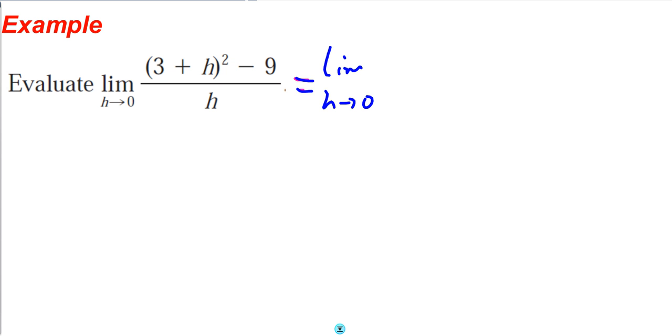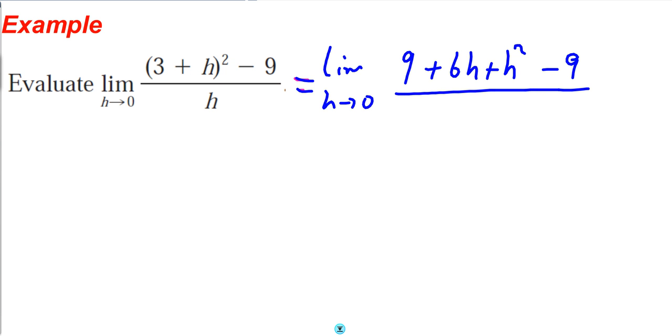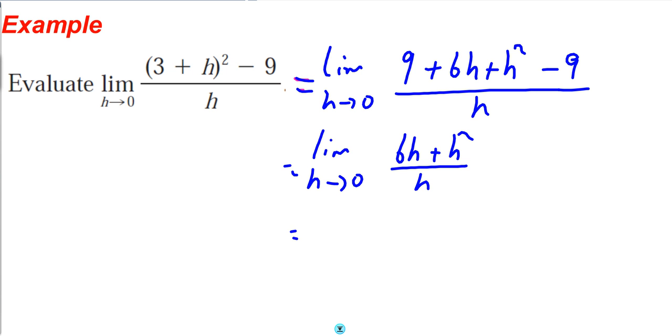The numerator is 9 plus 6h plus h squared minus 9, divided by h, which is the same as the limit as h approaches 0 of 6h plus h squared over h, which is the limit as h approaches 0 of h times 6 plus h, divided by h.